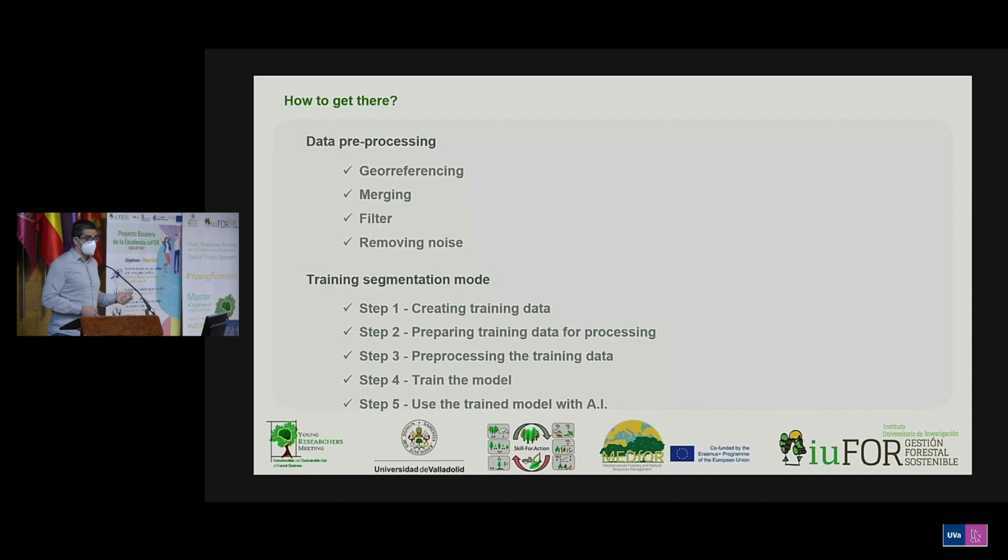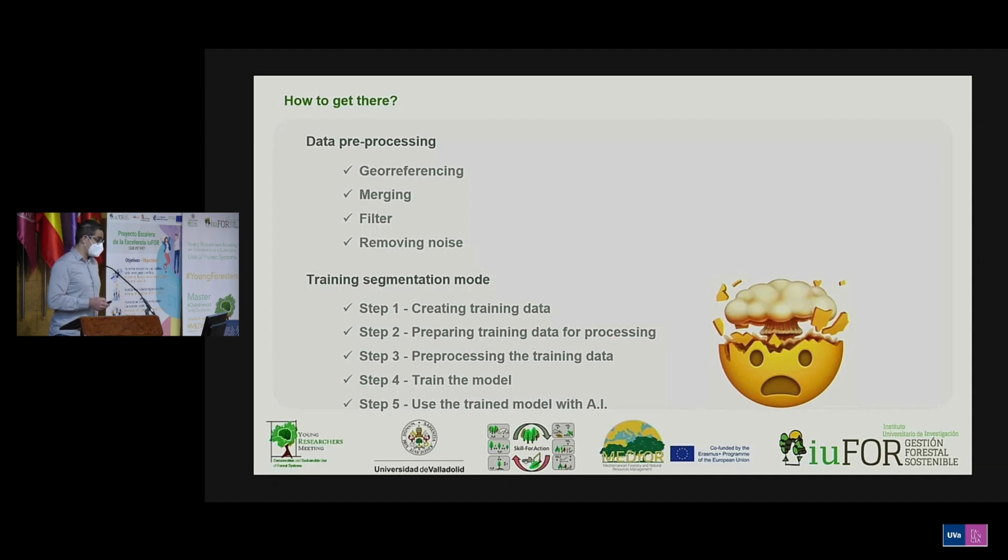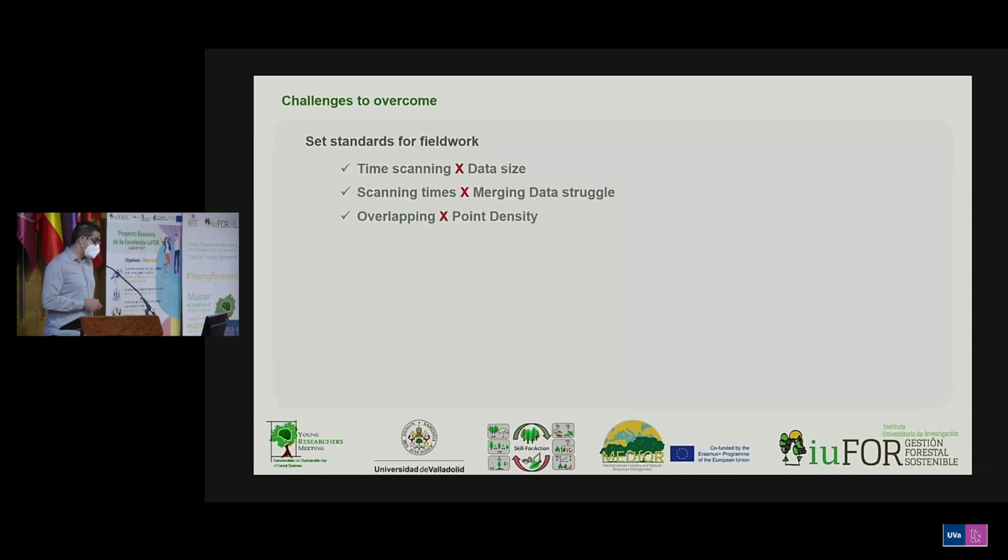That means creating training data, preparing and pre-processing this training data and seeing if the results are acceptable, training the model, and after that running the full data with this trained model. It's hard, but it's possible.